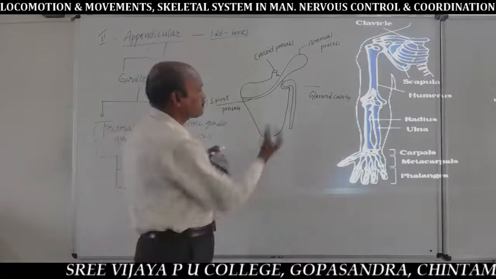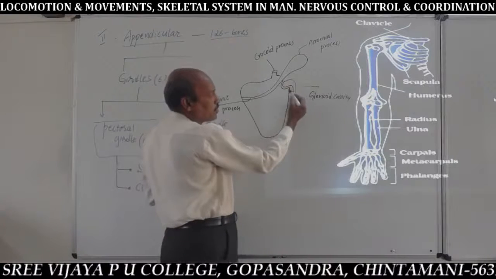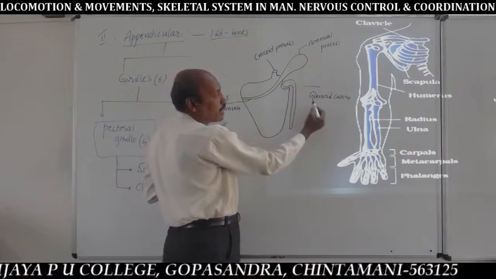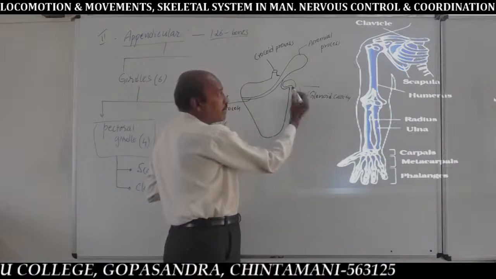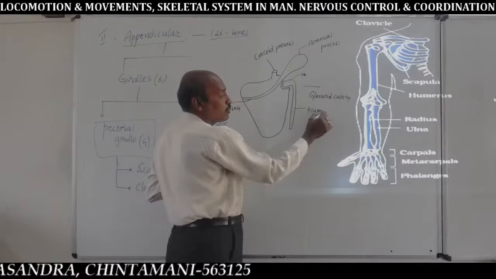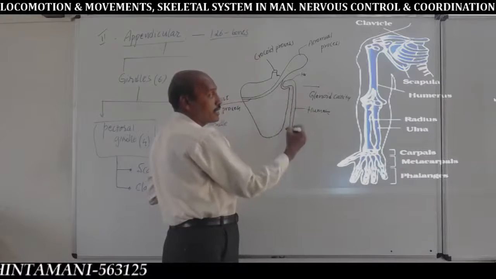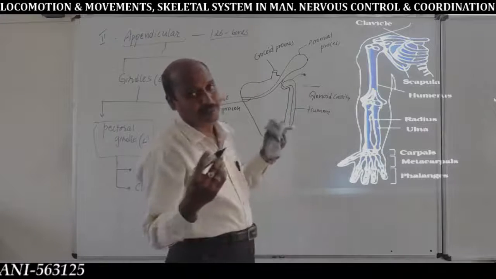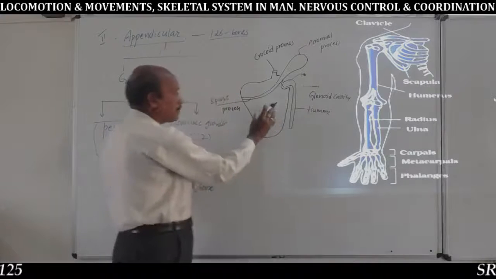So here, below the acromial process, there is a deep cavity called the glenoid cavity. Into it, the head of the humerus bone, the arm bone, articulates in the form of a ball and socket joint. This is the scapular bone.